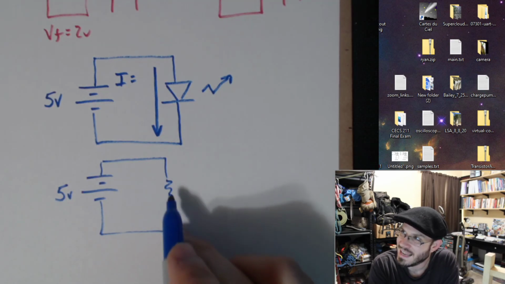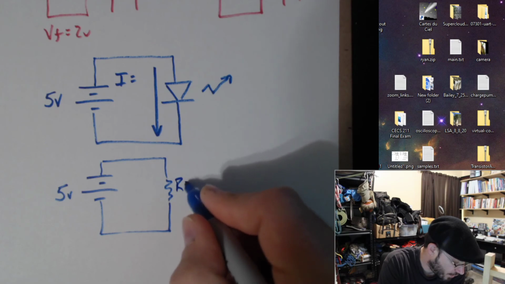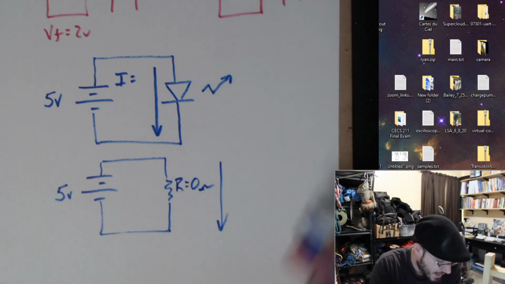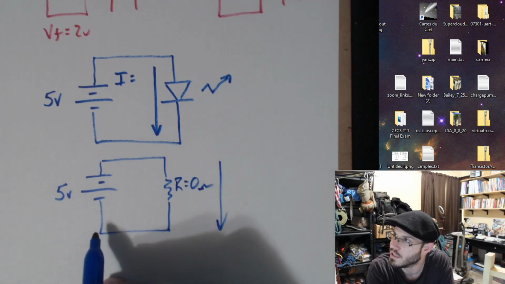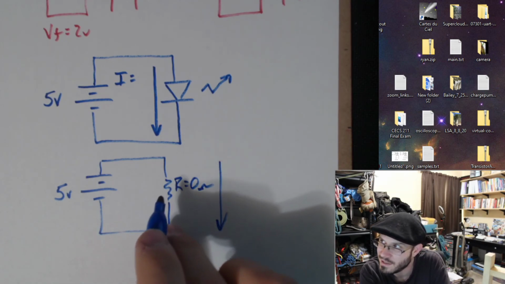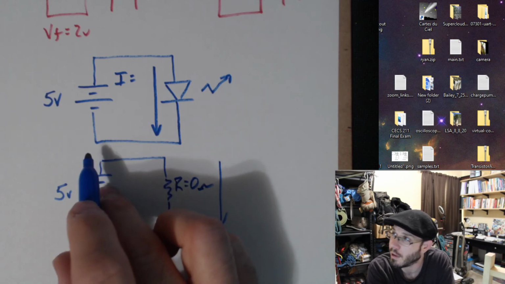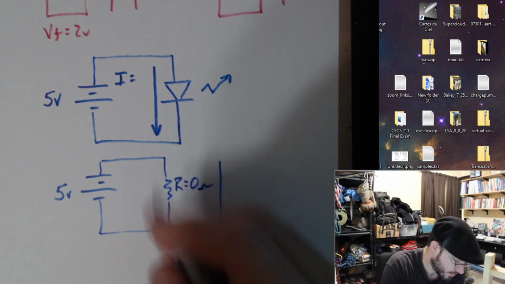Well, if the resistance heads off to 0, it's the same thing as me saying I have an R over here equal to 0 ohms. And just like any other circuit, if we had 0 ohms connected between one side of our voltage source and the other side, then we've just created a short circuit. In other words, we have an unwanted low resistance path between our positive voltage and our negative.